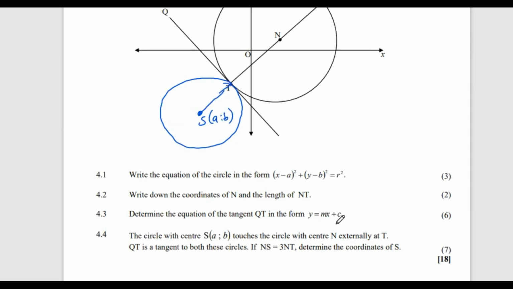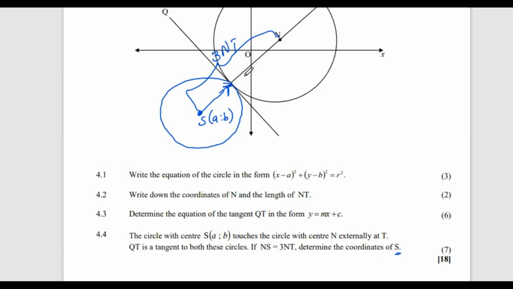What they are telling us is that this tangent is tangent to both. If NS, the distance from here up to there, is 3NT, can we determine the coordinates of S?